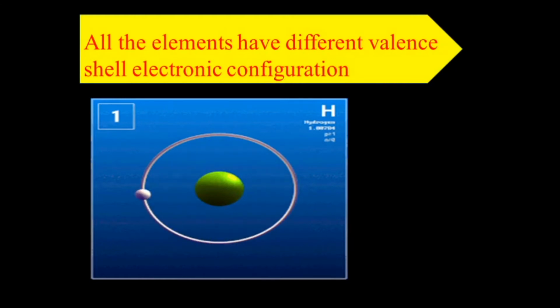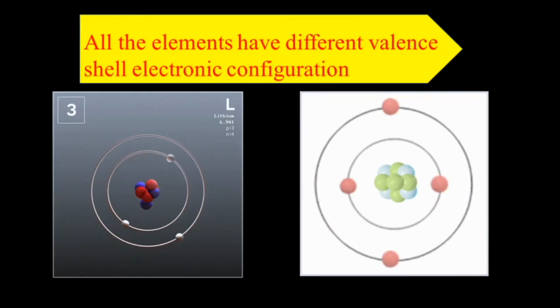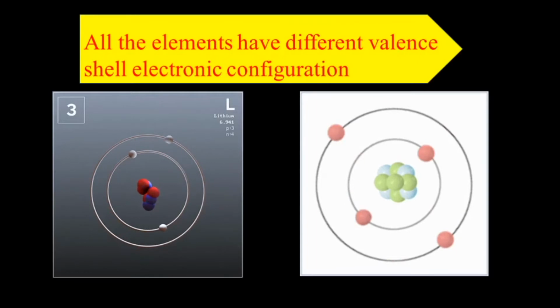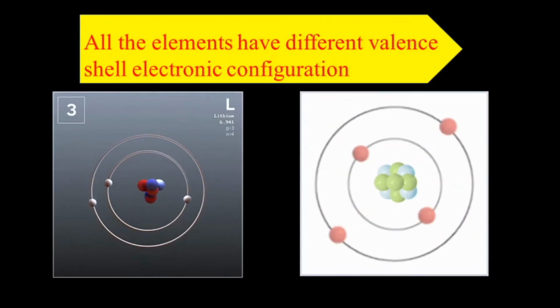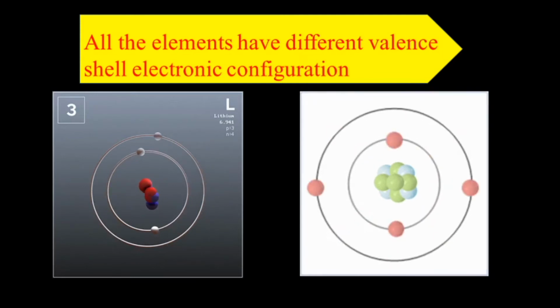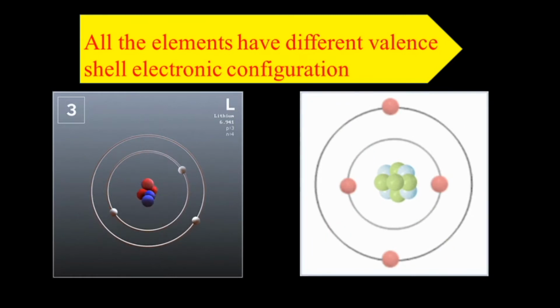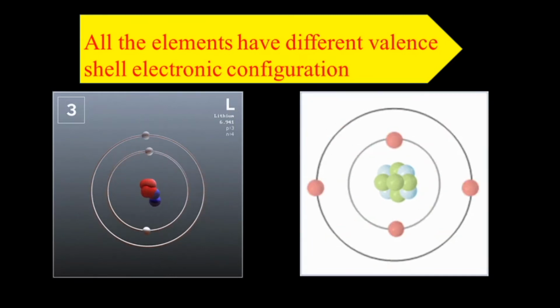Here we are going to discuss some more atoms like lithium, boron and oxygen. Lithium has atomic number 3: 2 electrons in the innermost shell and 1 electron revolving around the nucleus. Boron has 5 electrons, 2 in the innermost shell and 3 in the outermost shell.